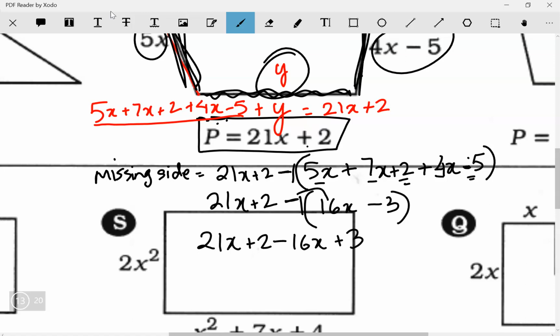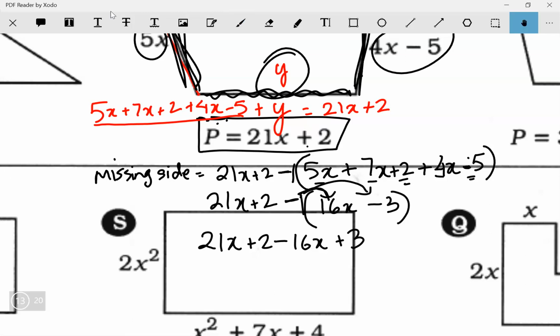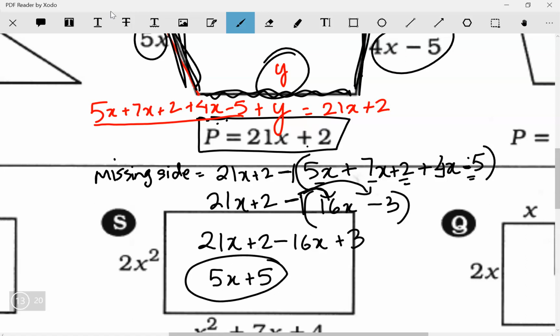I have moved the -1 inside the bracket. Very important to change all the terms in the bracket. So we have done that successfully. 21x minus 16x is 5x, plus 2 plus 3 is plus 5. So this is our missing side length.